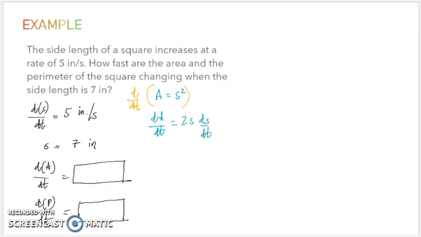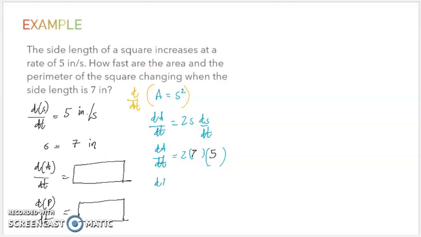ds dt. Then plugging in the data that we have, dA dt is 2 times s, and we have ds dt. We have 7 and we have 5.